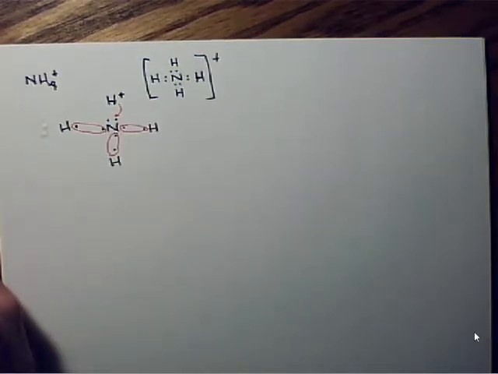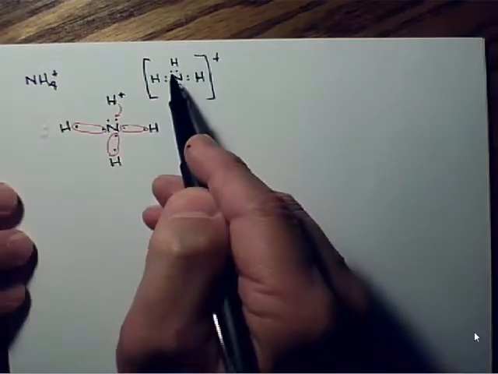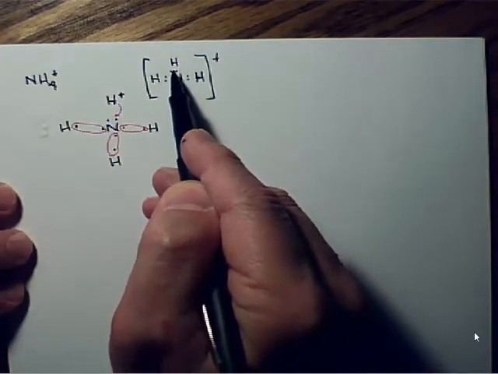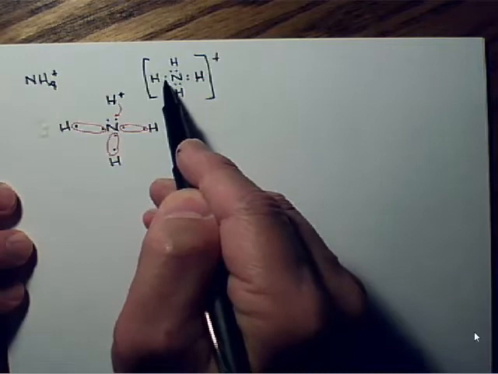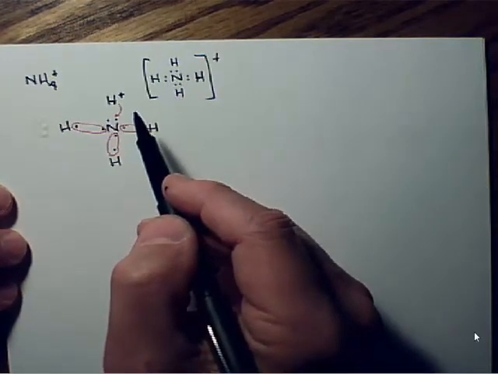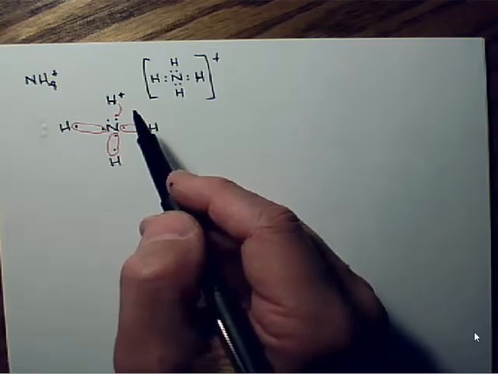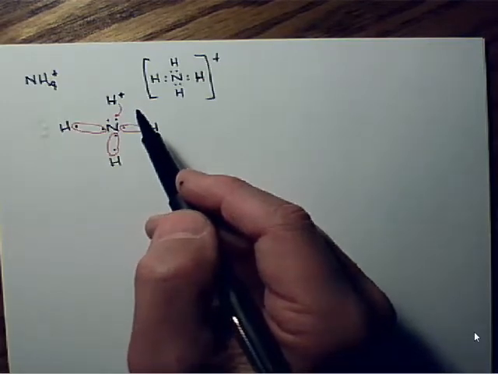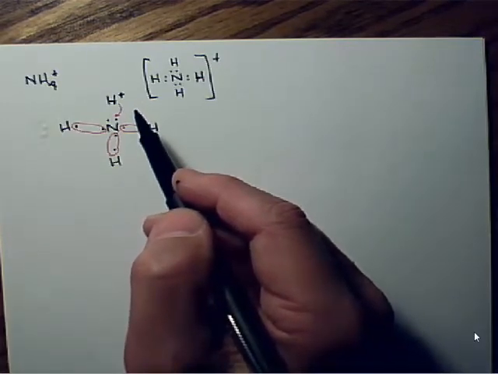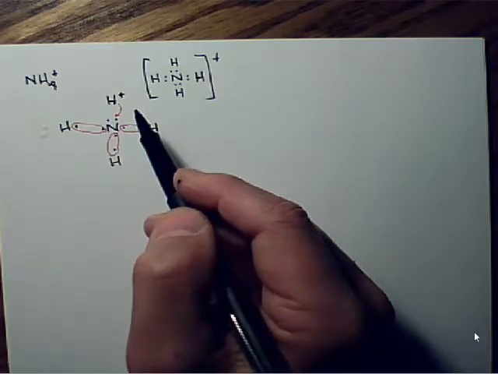Not modified. It's just electron pair shape or electron dot shape. Okay? I have 1 set of electrons on this side, 1 set here, 1 set here, 1 set here. 4 sets of electrons around the central atom. What 3-dimensional geometric shape do you make when you have 4 sets of electrons around a central atom? It's not a T. Tetrahedral. Okay?